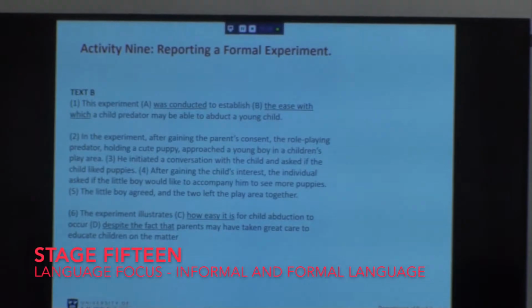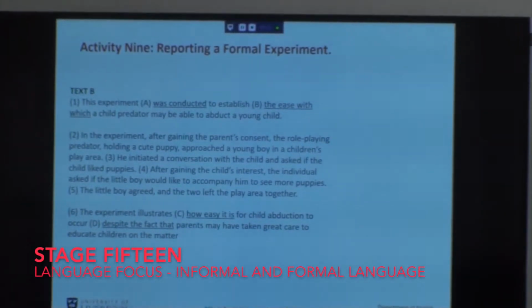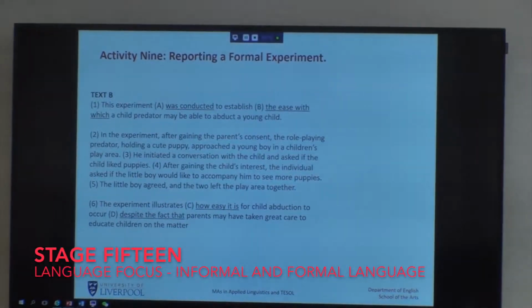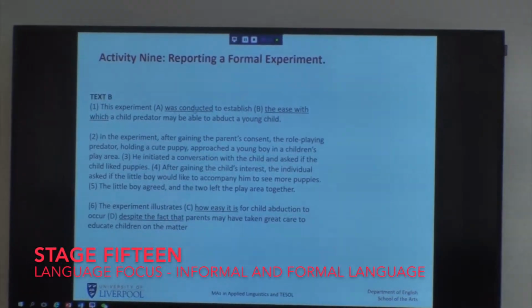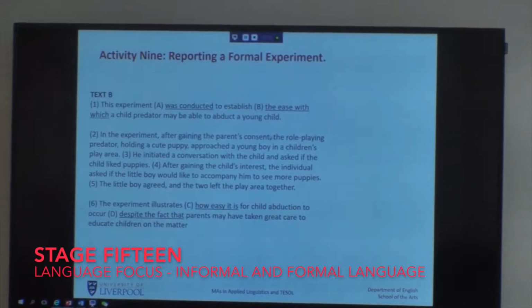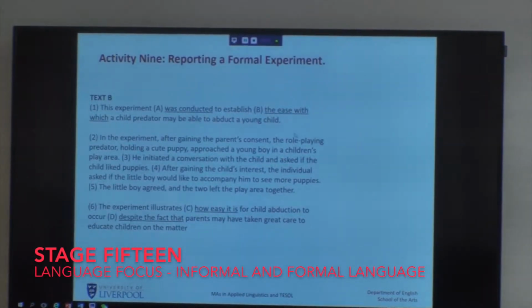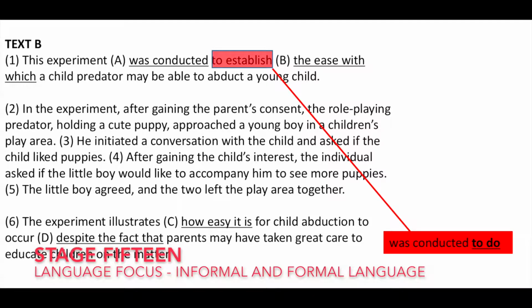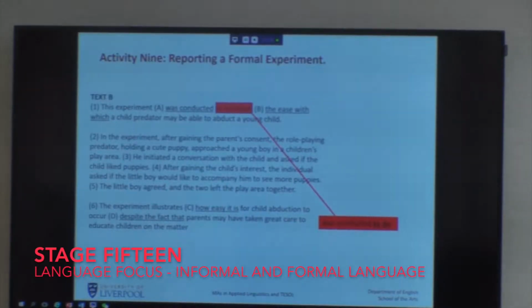And what can we say about the grammar pattern of was conducted? What follows be conducted here? To, infinitive, yeah, okay. Was conducted to do. Was conducted to establish. Was conducted to find out. Was conducted to investigate. Okay, so that's one.